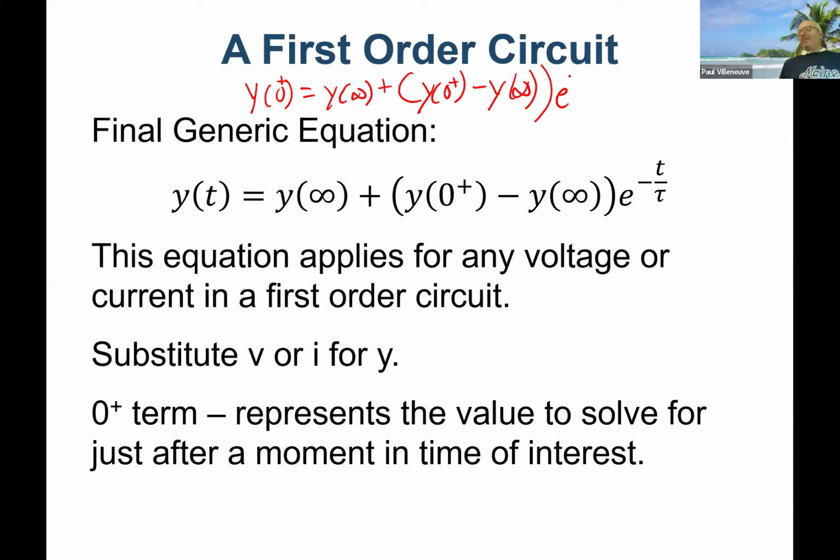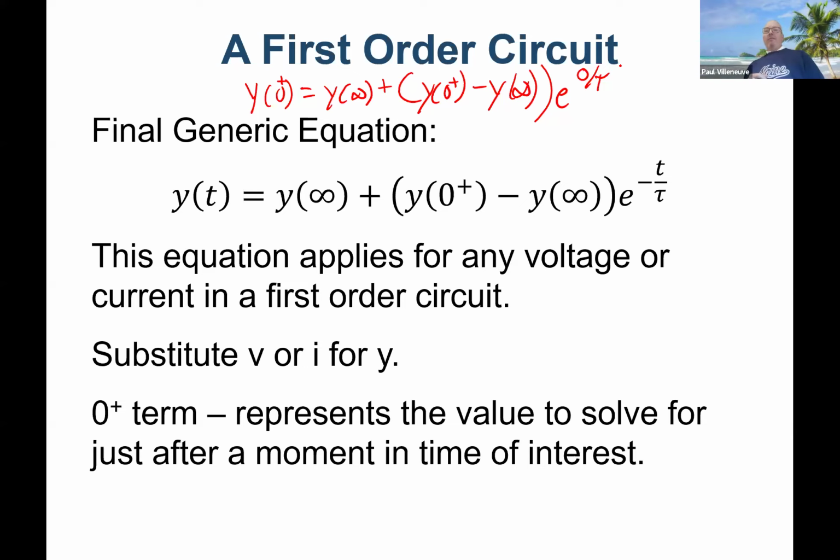So if I'm looking at y of 0 plus, I can essentially put in time equal to 0, right? Because t is equal to 0. When e is raised to the 0 over tau power, what is that another expression? How would you reclassify that? E to the minus 0 is what?